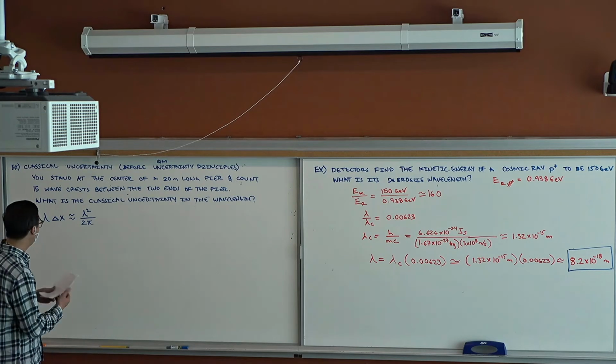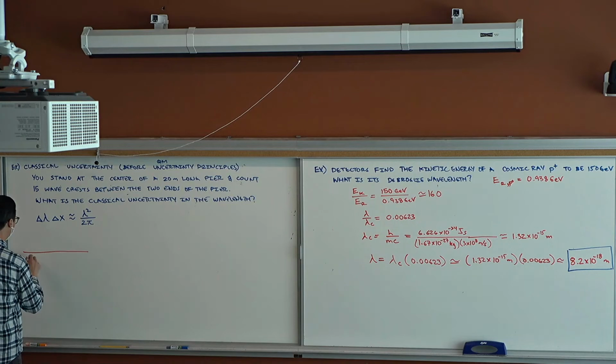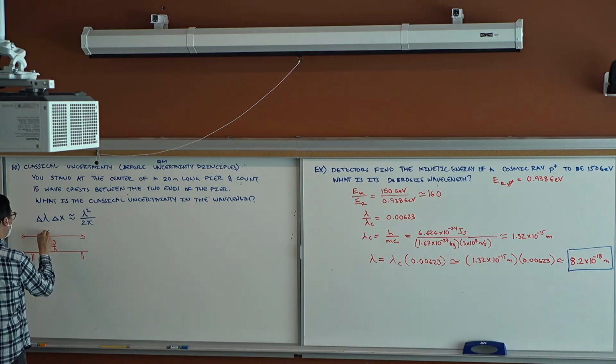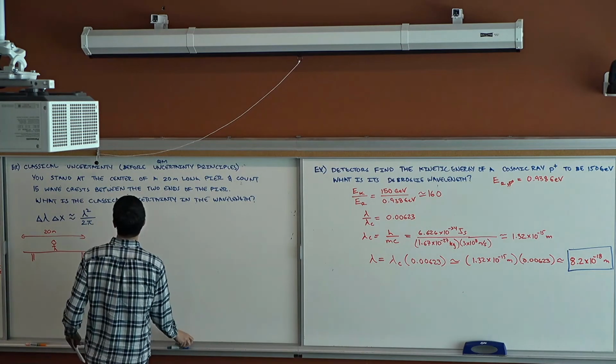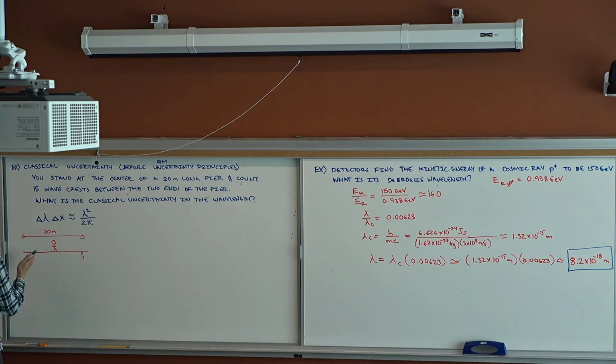But you can imagine standing at the center of a 20-meter long pier, and you count 15 wave crests between the two ends of the pier.